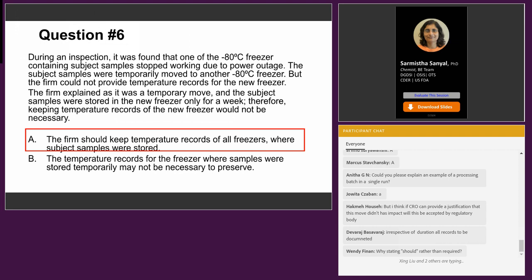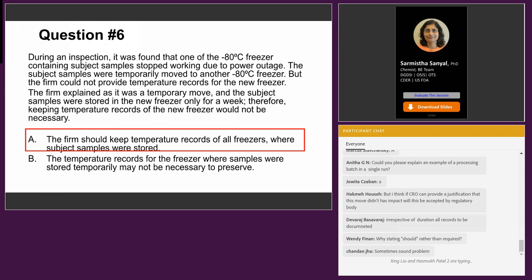I saw another question. It says, why stating "should" rather than "required"? Now, what I will say is that in OSIS, when we do the inspection, this is a scientific inspection rather.